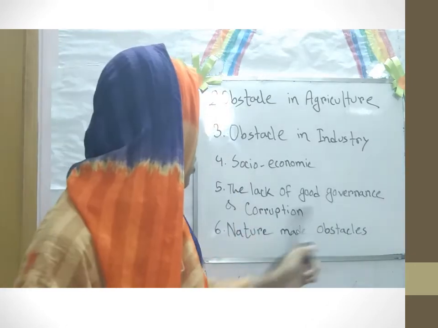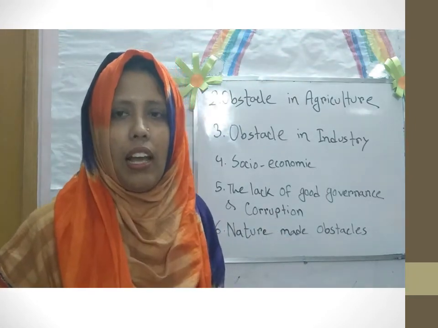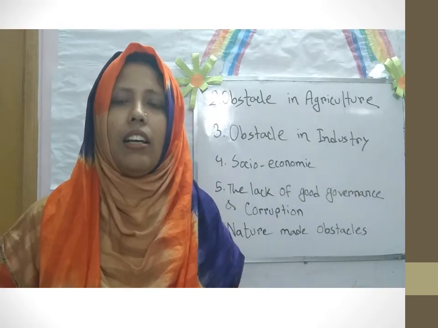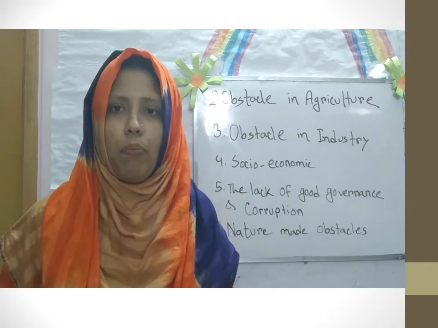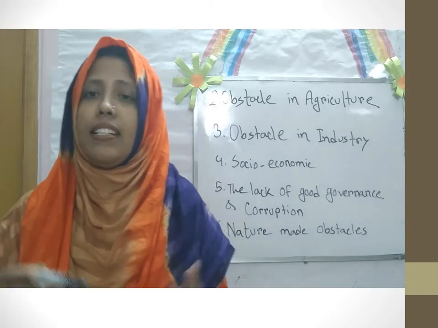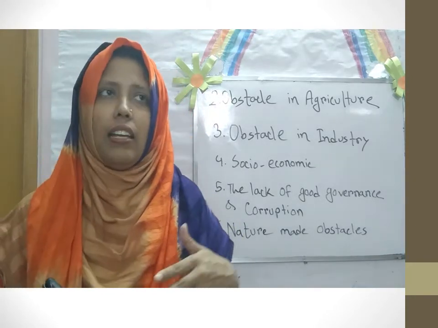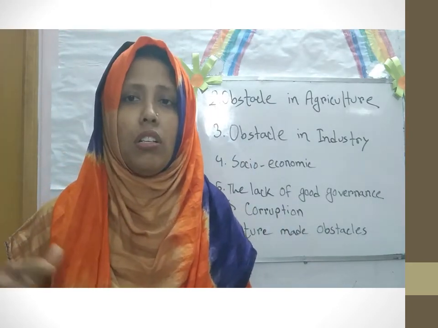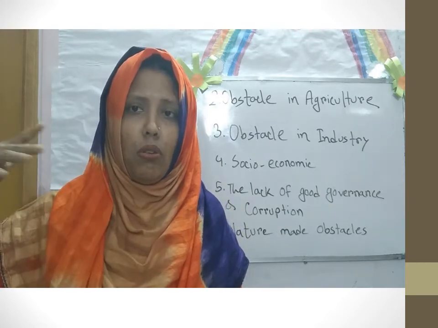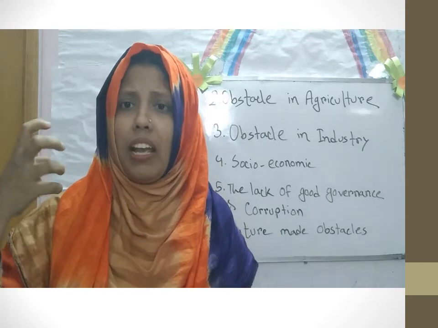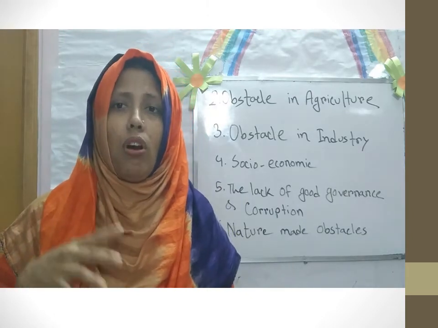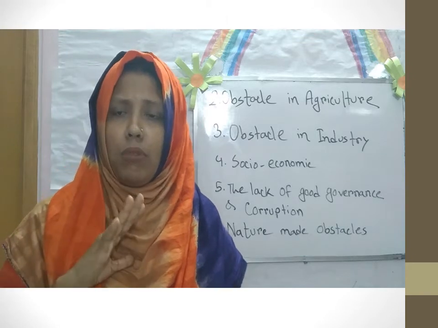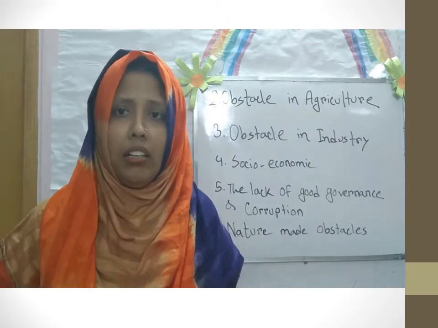Next is the lack of good governance and corruption. When an economic system is running, good governance is very important, and when a decision is being made and any law is being made, if we don't follow the law or rule, at that time any system cannot run thoroughly.